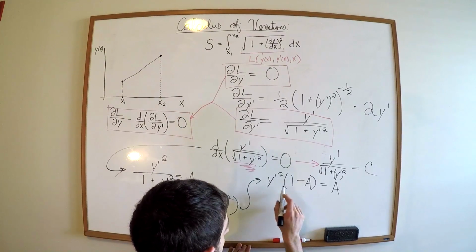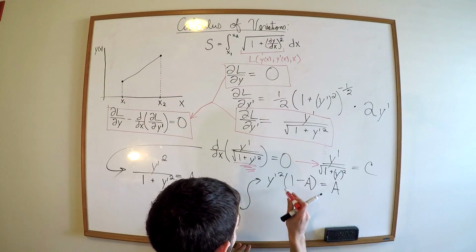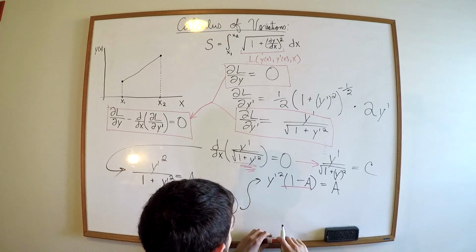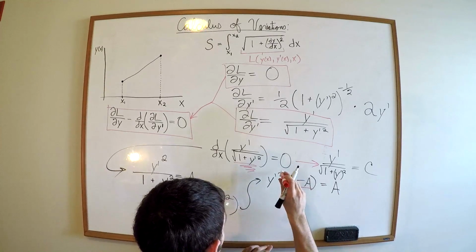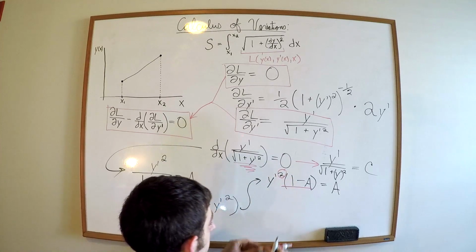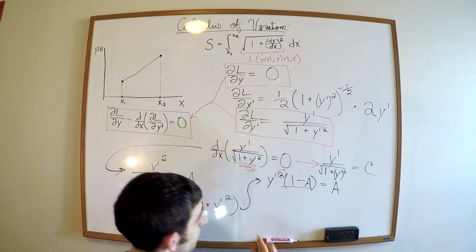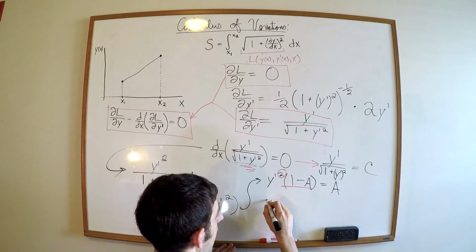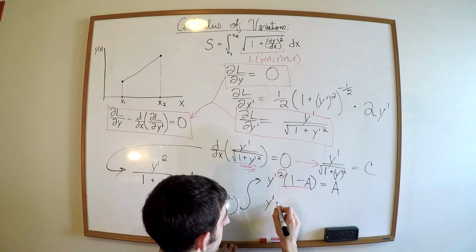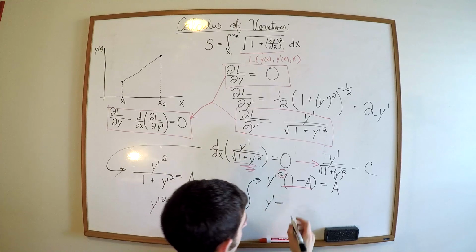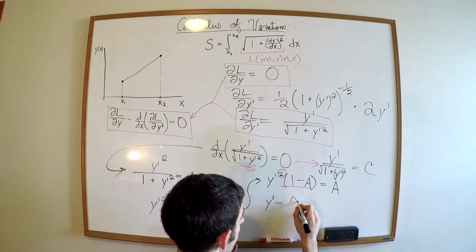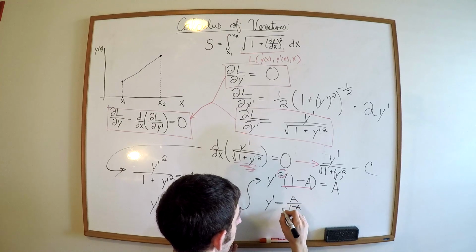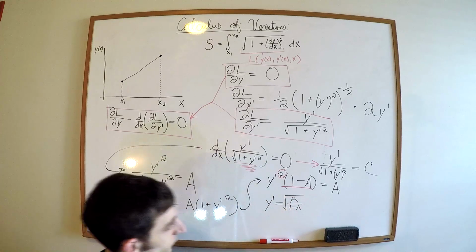So we're going to take this guy here, move it over there, and then take the square root to get rid of this guy right there. So in the end, we end up with y prime is equal to a over 1 minus a, and the square root of all of that.